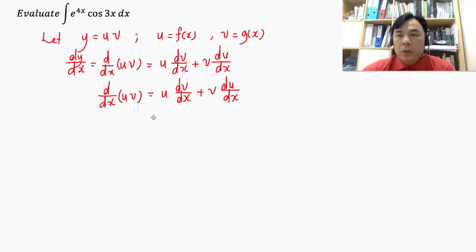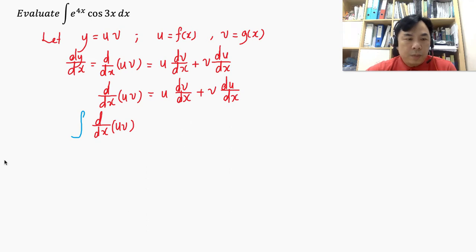If we apply the antiderivative onto this equation, a first order differential equation to be precise, I'm going to integrate it with respect to x. Maybe I change the color a bit so that you know what we are integrating here. That will be the same as integrating this with respect to x, also for the expression on the right hand side.